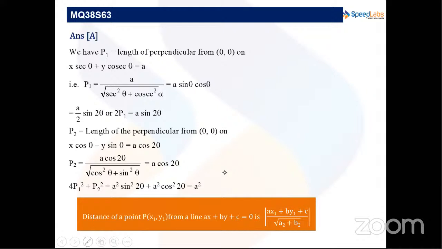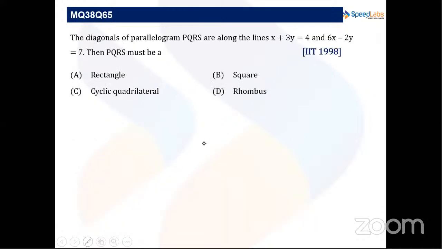Now let's move to the next question. The diagonals of the parallelogram PQRS are along these two lines, x plus 3y equals to 4 and 6x minus 2y equals to 7.